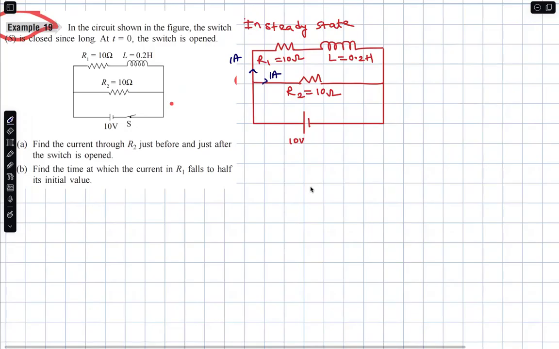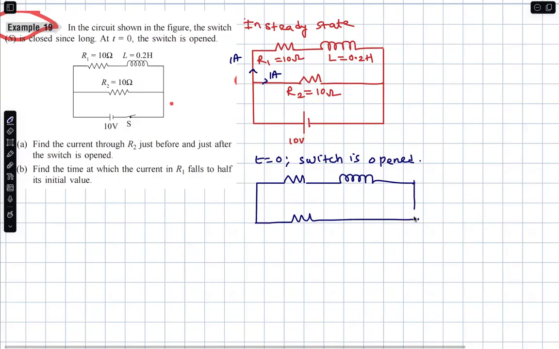Now, immediately, what have you done? At t equal to 0, the switch is opened. Then immediately after this, what happens? The current will be driven by the inductor.